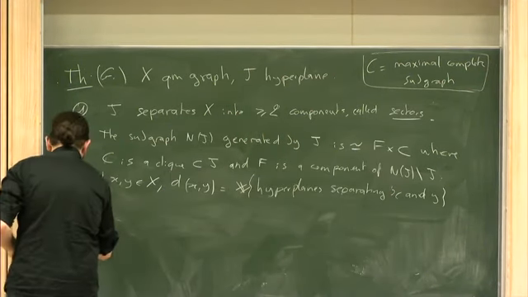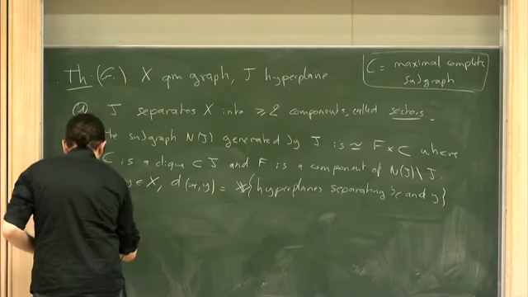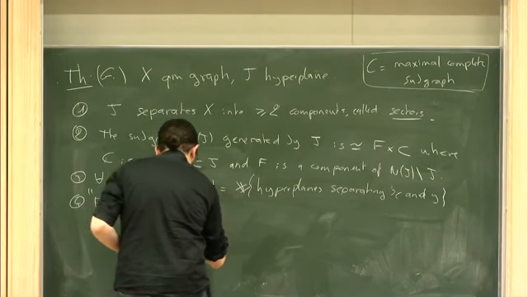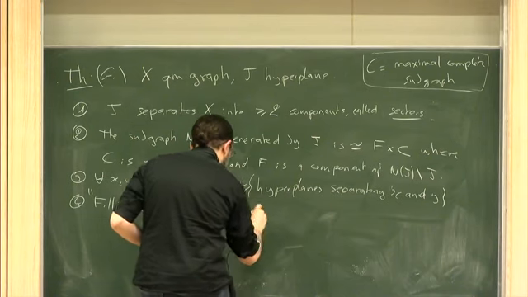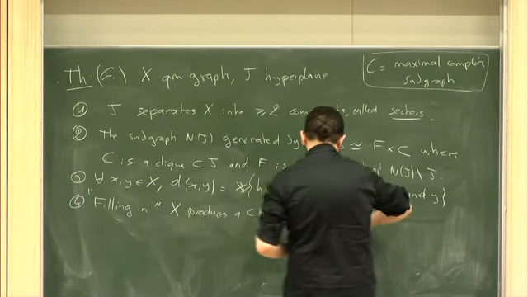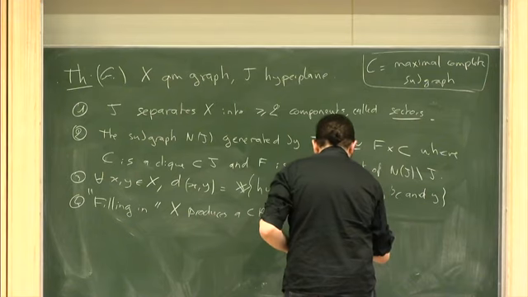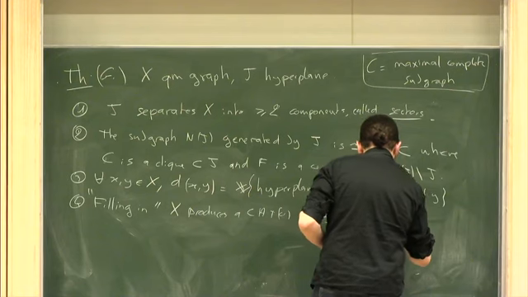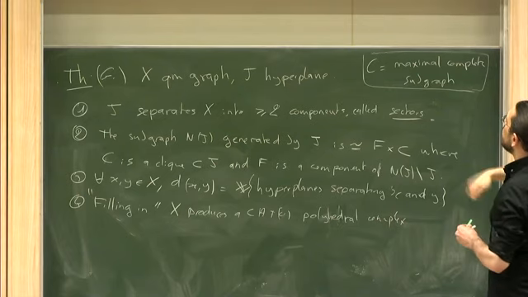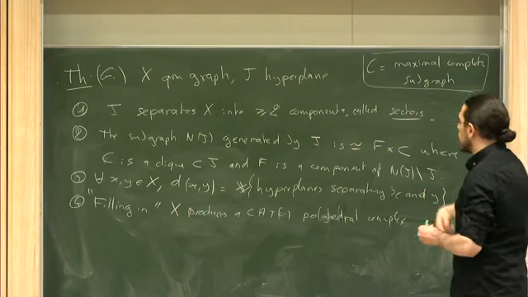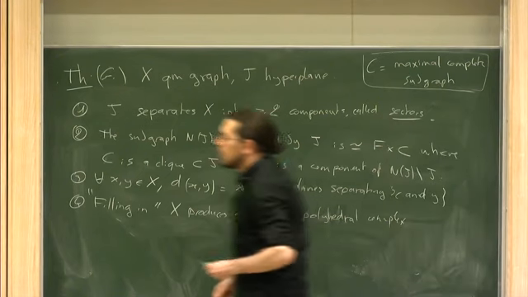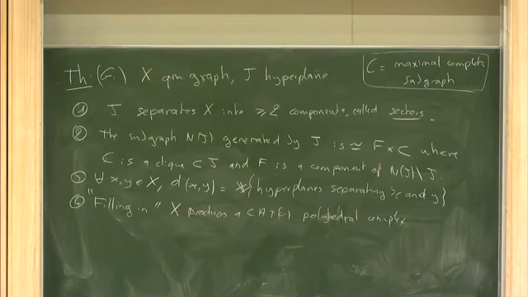Okay, and the last one is that filling in X produces a cat-zero polyhedral complex. Okay, so you have something similar to this. Filling in a median graph produces a cat-zero cube complex, and here it produces a cat-zero polyhedral complex. Okay, so I will write a precise example.